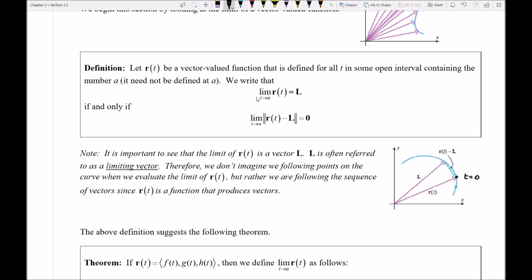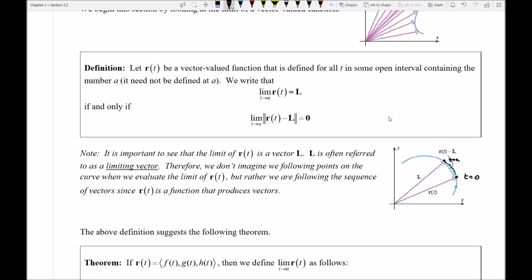But if I was going to do a limit, I might want to figure out what happens as I move t towards the value of a, maybe over here. As I move t, I'm thinking about different points on the way to this final point, imagining all the intermediate pink or purple vectors shooting out points along the curve. And L, my answer to the limit, is this final vector that spits out that final point.